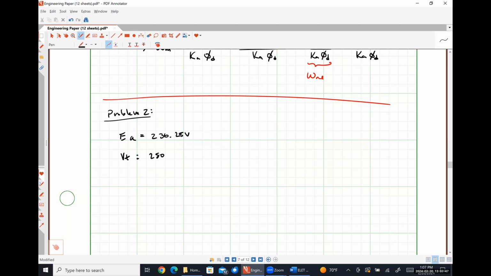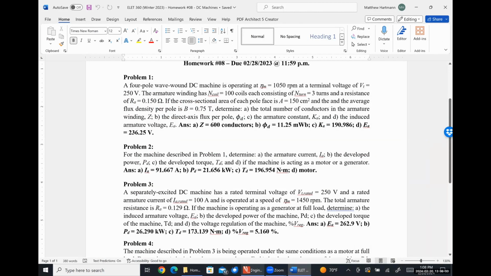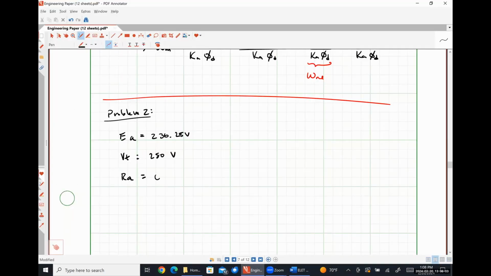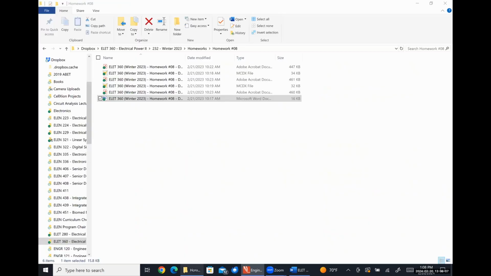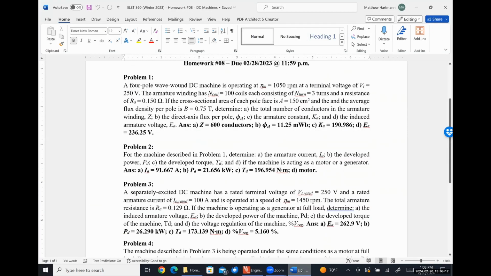VT was 250 volts. RA was 0.15 ohms. Anything else that we need from that? Omega M, no, NM was 1050 RPM.